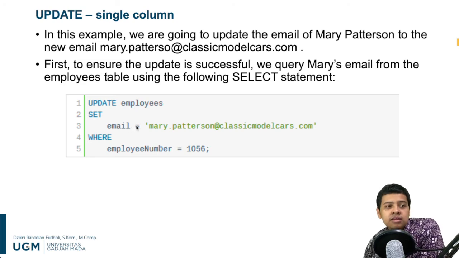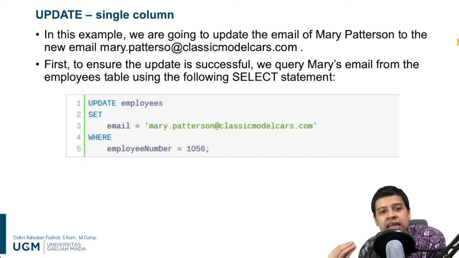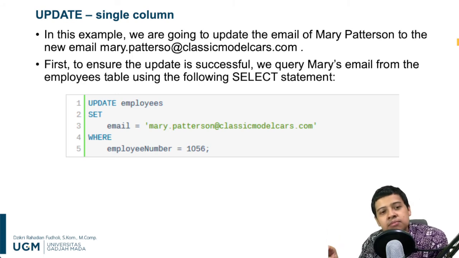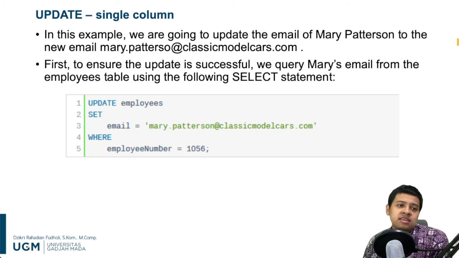We set the email of Mary Patterson where the employee number is 1056. So we only modify, we only update the email value of the employee who has the number 1056. If there is only one person who has the employee number 1056, then just one row is affected.